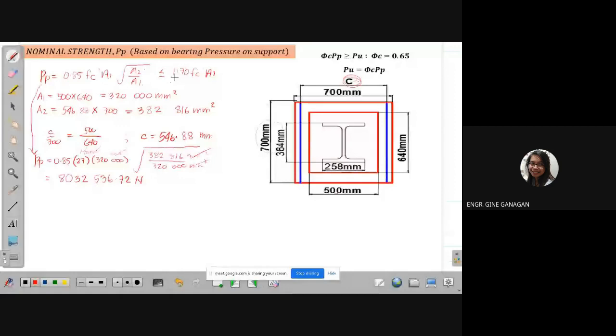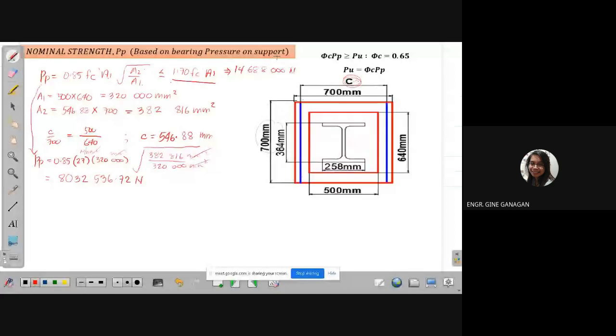Kasi meron tayong limit, yung 1.7 ST prime A1. So, pakikuha yung value ng 1.7 ST prime A1. So, dapat gawin ito mas maliit or equal to the value of 1.70 ST prime A1. So, that is equal to 14,688,000 Newton.